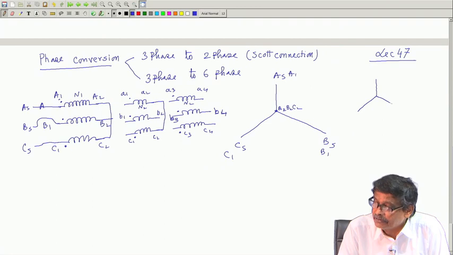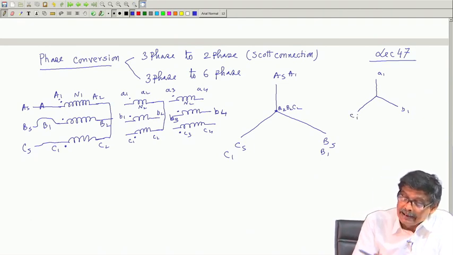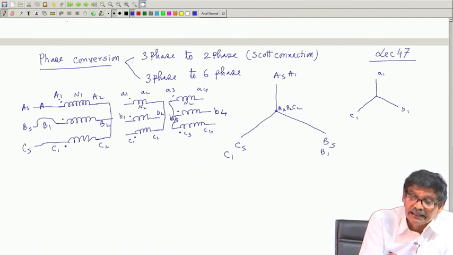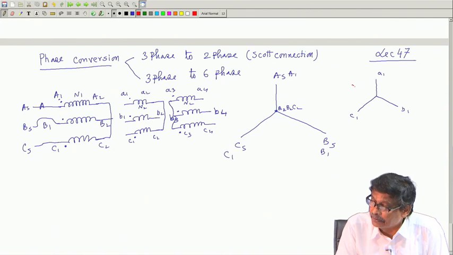And your voltage will be this, say A1, B1, and C1. And the other group, you also connect in star, but this time join these dot terminals A3, B3, C3, then its phasor diagram will come out to be this one, Y by 6.